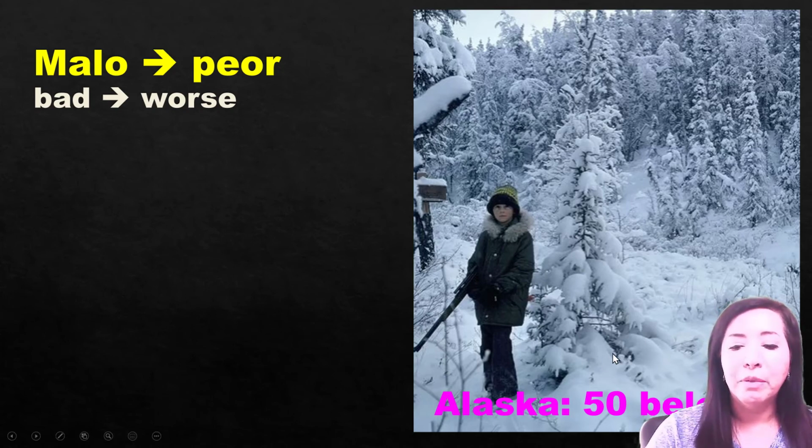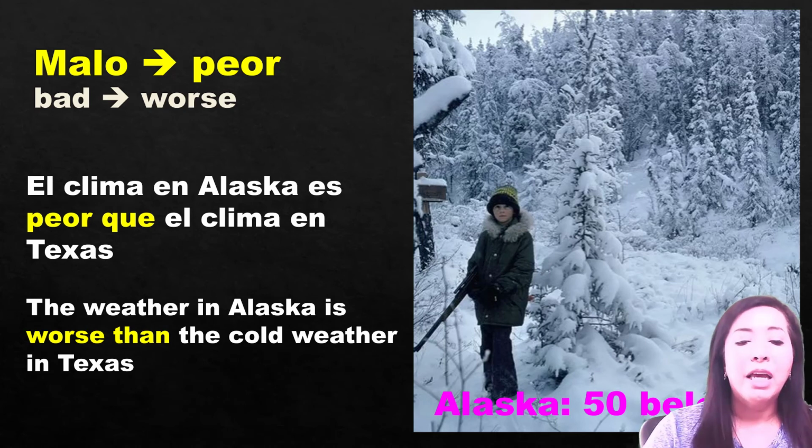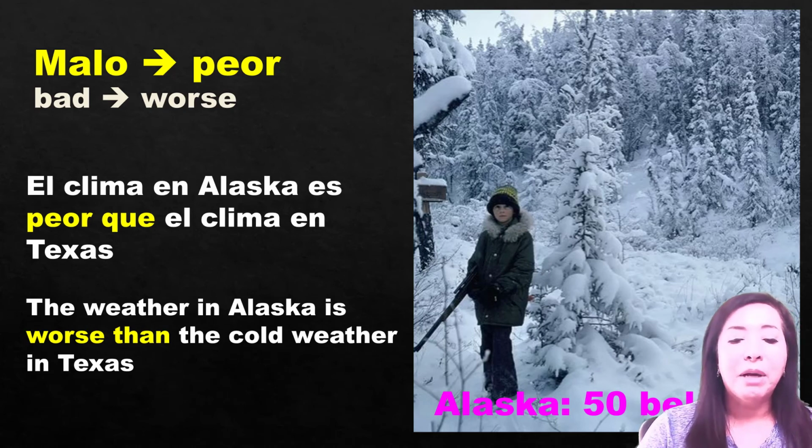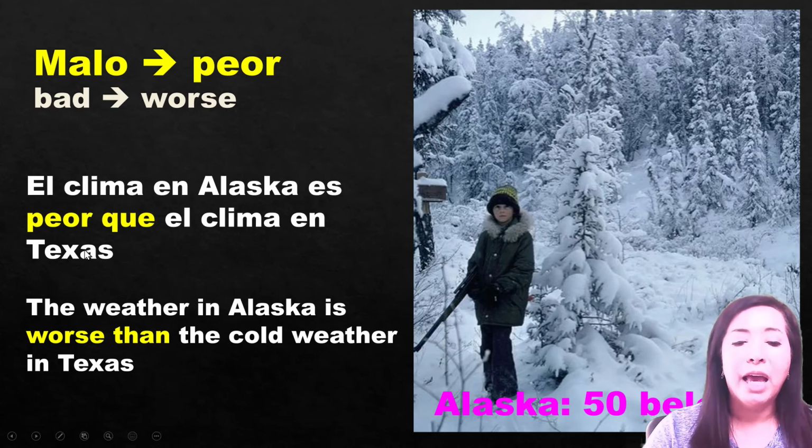Okay, so take a look at this picture. Alaska gets to be really, really cold, right? 50 below zero. So I could say that el clima en Alaska es peor que, worse than, el clima en Texas. Okay, es peor que.